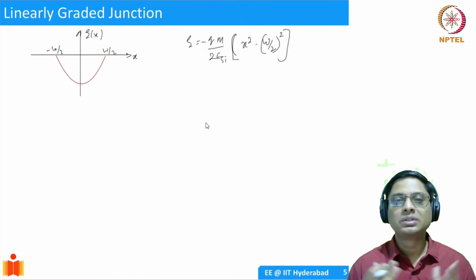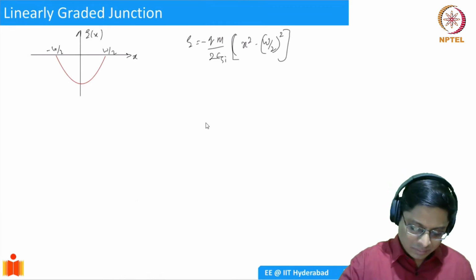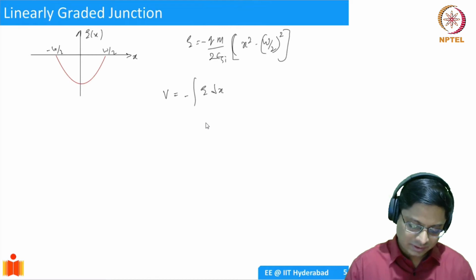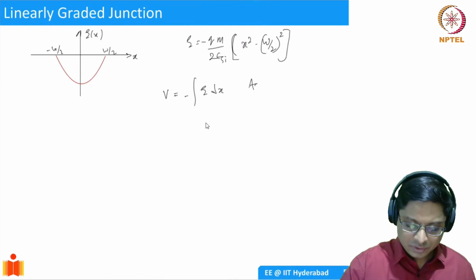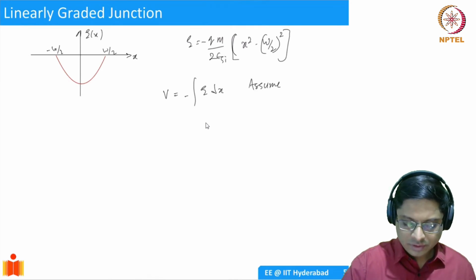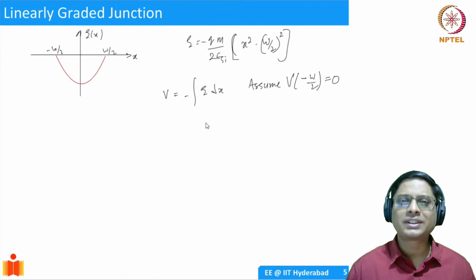What do we do for built-in potential or potential? Simply, potential is going to be V equal to minus integral of E dx, right? So we have to integrate, and we have to assume some reference for potential all the time. So assume V of minus w by 2 equal to 0. Integrate it.